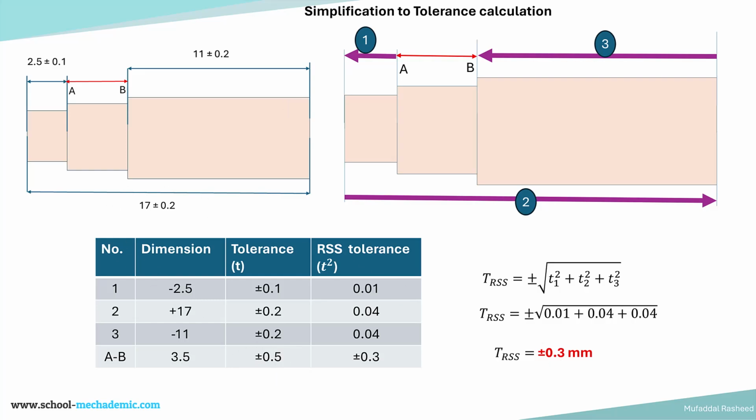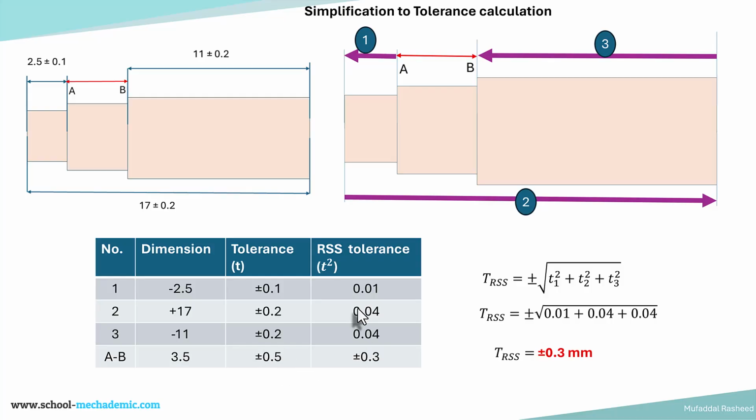So why is RSS useful? First of all, you can see that RSS is a liberal form of the tolerance stack-up because it yields a lesser value. The worst case value is plus or minus 0.5.